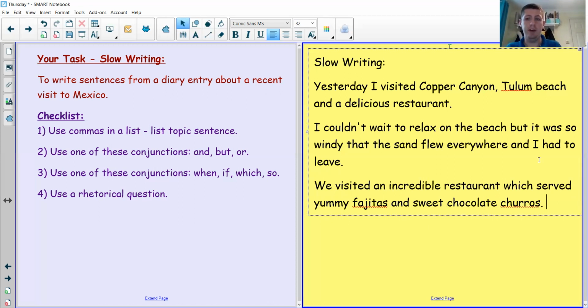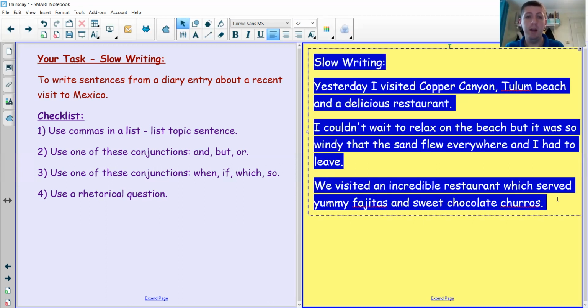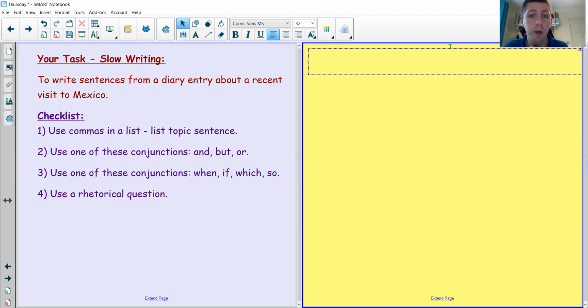So you can see in my sentence there, I've used the conjunction which to explain a bit more about what the restaurant was like. If I just used serve yummy fajitas and sweet chocolate churros by itself, that wouldn't make sense. So that is a complex sentence that I've written. Your turn. I'd like to have a go at using when, if, which, or so to write your own sentence. Remember to pause if you need time to do that.